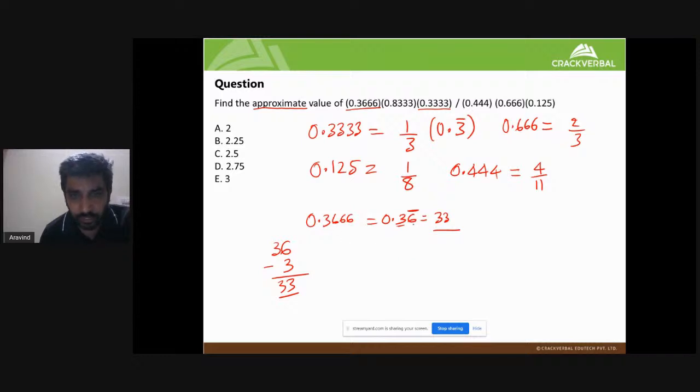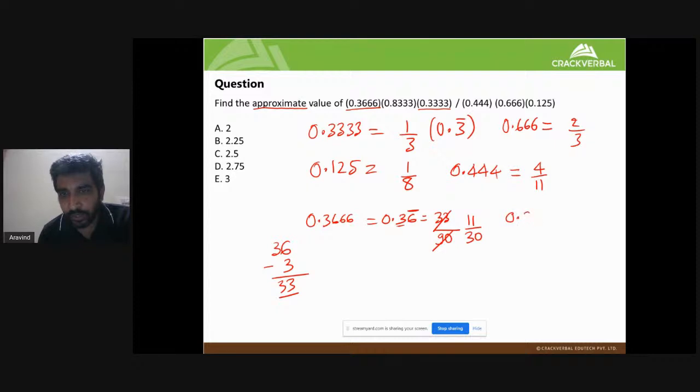And there is one digit that is recurring, so that would be a 9. And there is one digit that is not recurring, so that would be a 0. So the number of digits that recur after the decimal point will represent the 9s, and the number of digits that don't recur will represent the 0s. We can simplify this. This will be 11 by 30. So point to note here is there is 11 in the numerator, there's 11 in the denominator. So let's hope that one of them will eventually get cancelled.